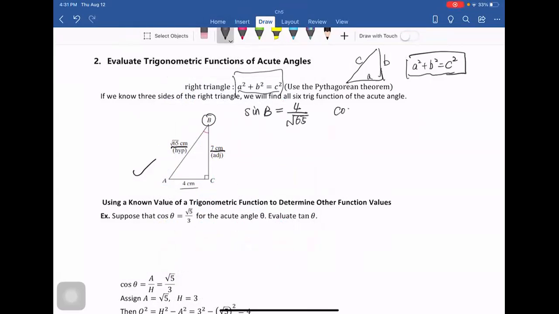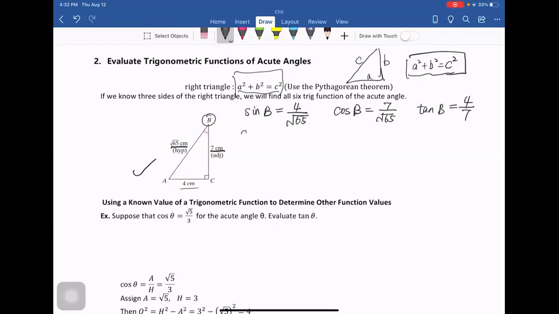And cosine B equals adjacent 7 over hypotenuse, square root of 65. And tangent B equals opposite, that's 4, divided by adjacent, which is 7.